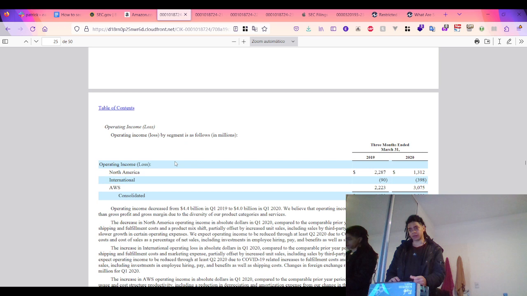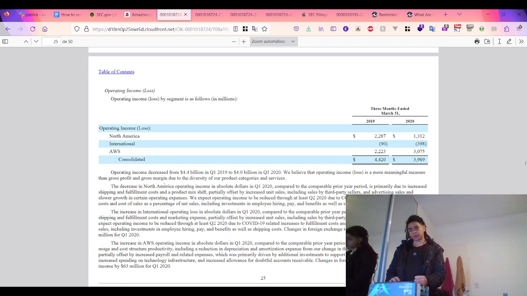But what is this? Operating income loss. In North America, operating income decreased from 4.4 billion in quarter one 2019 to 4 billion in quarter one 2020.